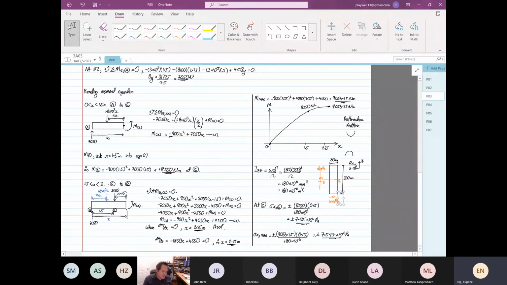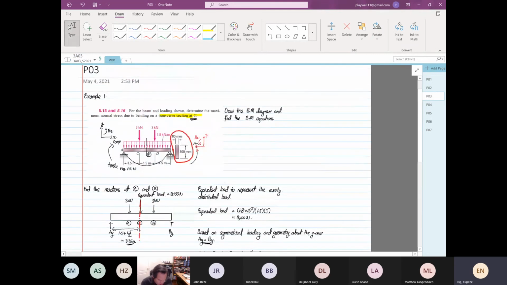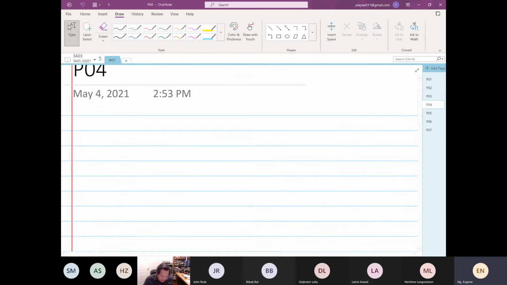Now, the example we've done before is what we call centric symmetrical bending. I'm going to show you what's the difference with the other one.